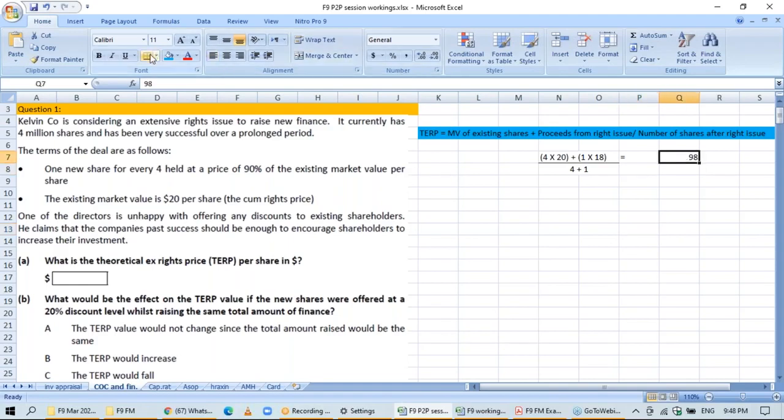After the right issue, the capital will become 98, 80 plus 18, and number of shares will become 5. So this gives you the theoretical exercise price, 98 divided by 5. So it's 19.6, which is the answer to this first part.